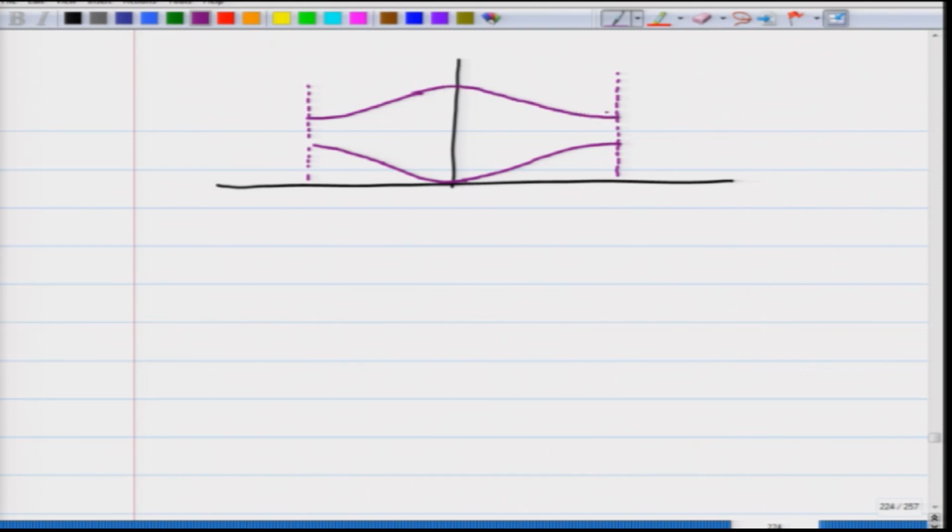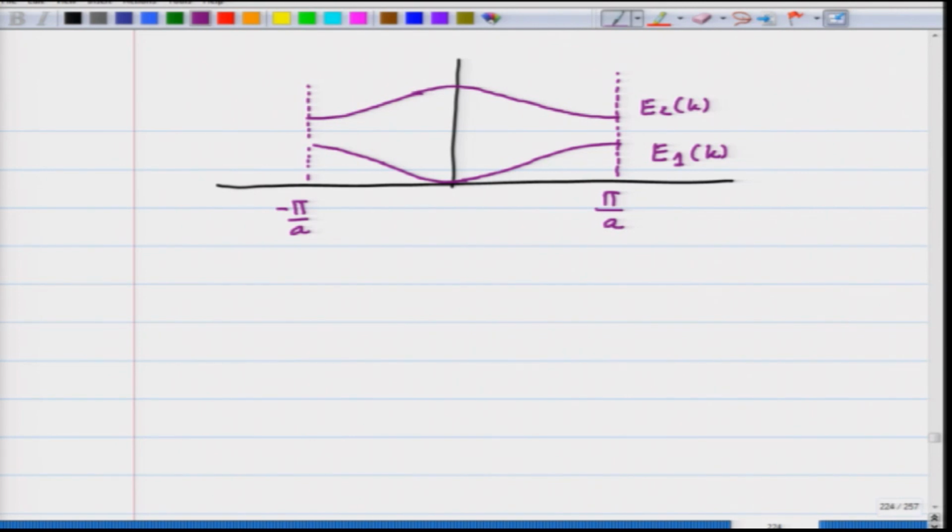I am making pictures in 1D and just 2 bands. So, this is E 1 k as a function of energy, E 2 k as a function of energy, and notice that I have plotted this within the first Bloch zone, and that is to tell you that everything can be specified within the first Bloch zone only.